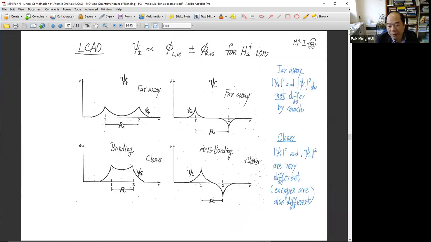So just put all the pictures together, you get this. The left-hand side is the plus combination. That will be called bonding, because now I think you already see the covalent character. So that is the bonding side, left side. The right-hand side will be called the anti-bonding linear combination. And that is the meaning of LCAO. We are linearly combining atomic states from the two atoms forming the molecule.